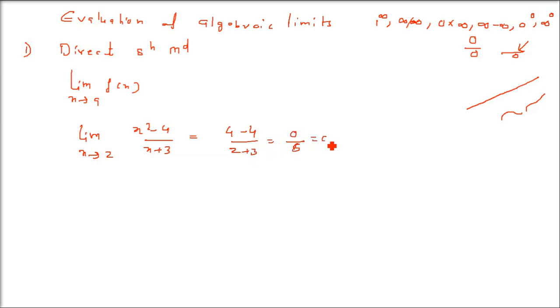So it's a legal value, it's a valid value. 0 is a valid value. So no problem, even if you put x as 2, it doesn't matter. Only the infinite is our scenario. That is where we think. So the first thing is just put the value directly. This is direct substitution. The second one is the factorization method.